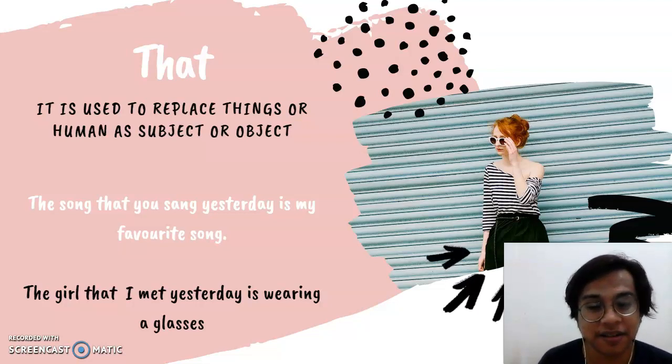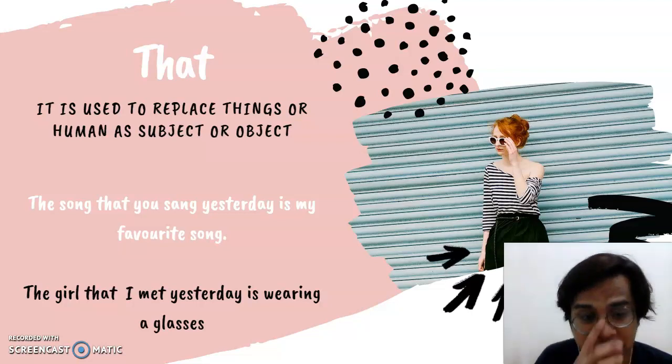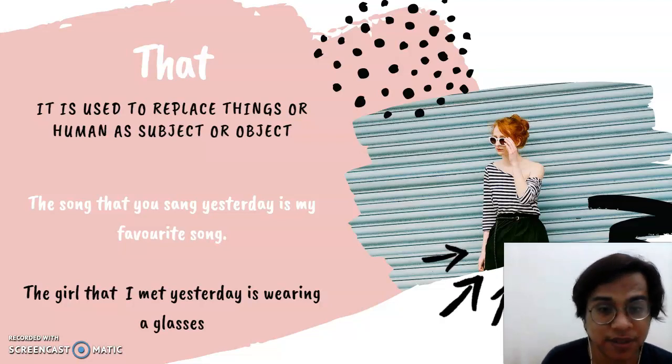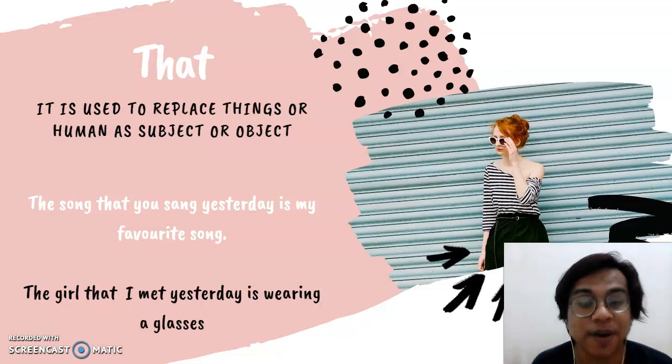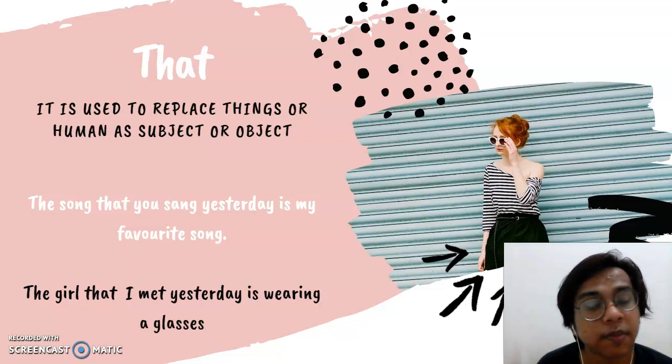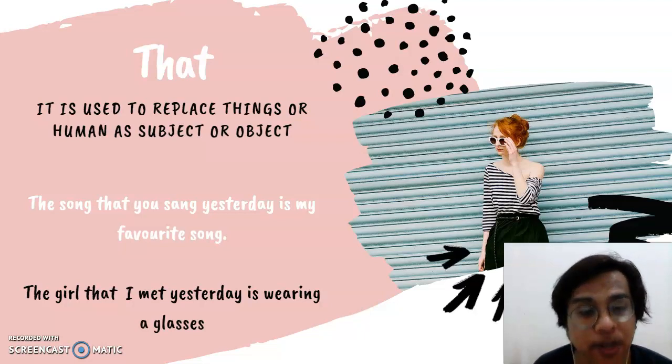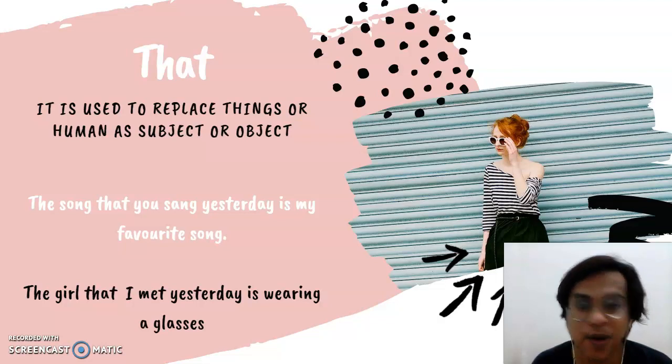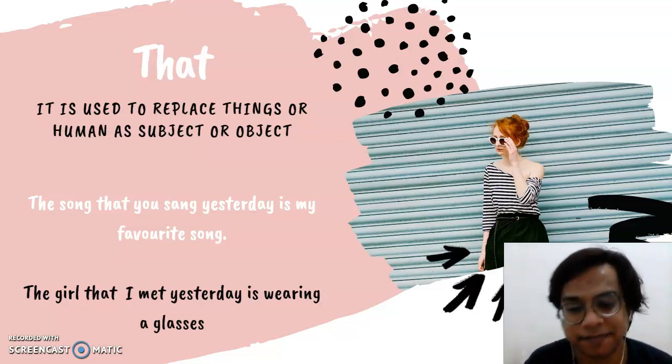So we can see that from the two sentences, the first sentence talks about a song, which is a thing, and the second example talks about a person. So that's all the explanation about relative pronouns. So now we will go to the exercise.